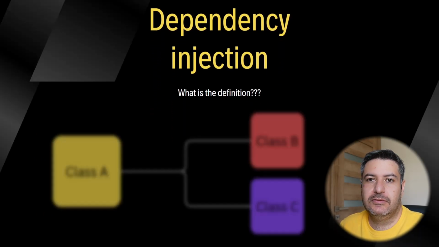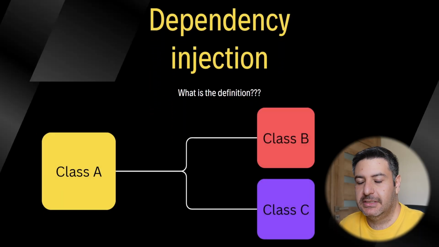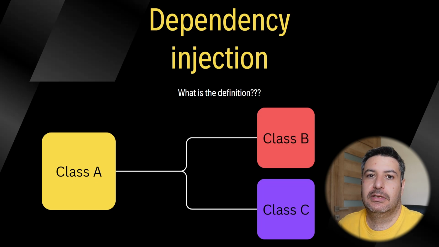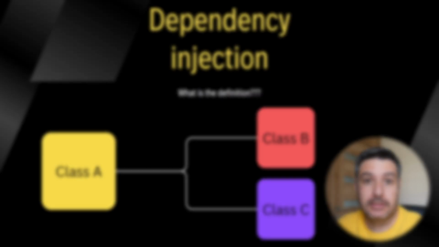So let's see what the definition of dependency injection is. Consider we have a class A, and it needs class B or class C or both of them to work. The easiest definition that I can give is to provide the instances of the objects of class B and class C to class A, because it needs these two objects to work.